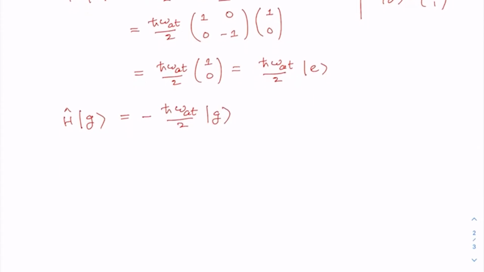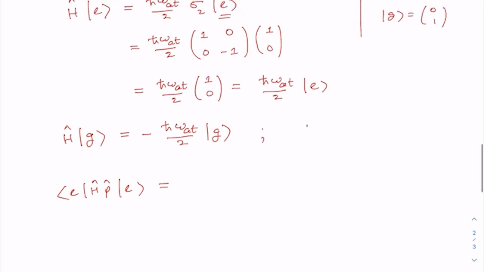And therefore we have <e|H rho|e>. By the way, just note that because H|e> is equal to h cross omega atom by 2 ket e, and this is a Hermitian Hamiltonian, if it operates on the bra of that, your bra e, you are going to get again h cross omega atom by 2 bra e.